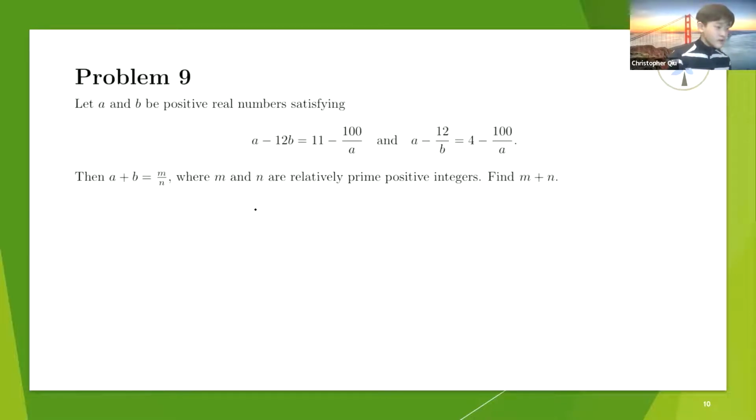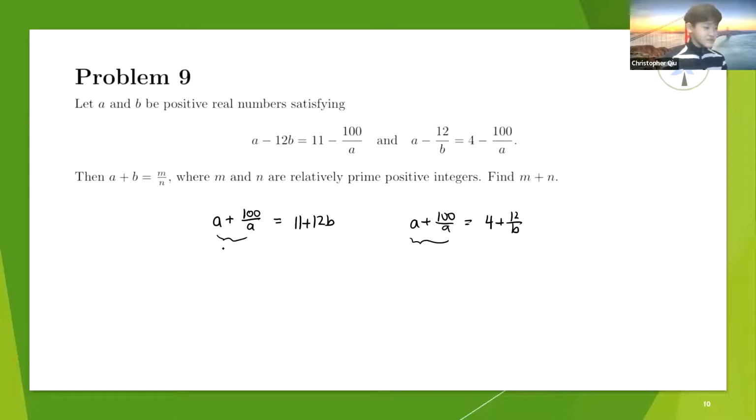So let's rewrite these equations as a plus 100 over a is equal to 11 plus 12b, and a plus 100 over a is equal to 4 plus 12 over b. And then we notice that the left-hand sides of these two rearranged equations are both the same thing.